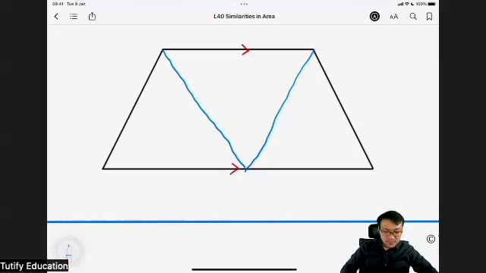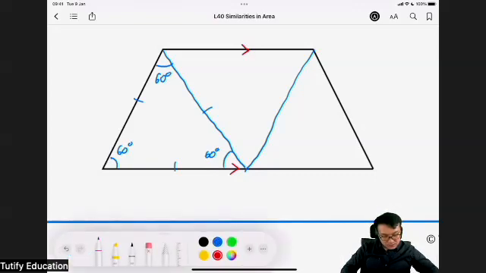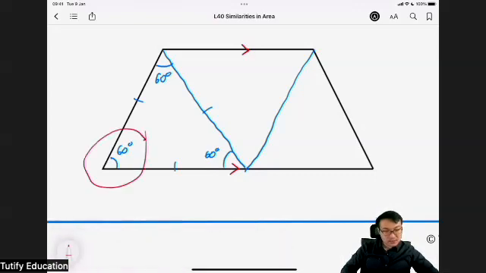All sides are equal. And what about the angles? All angles are equal. And what is the angle exactly? 60 degrees. Correct. How sure are you that this is 60 degrees?